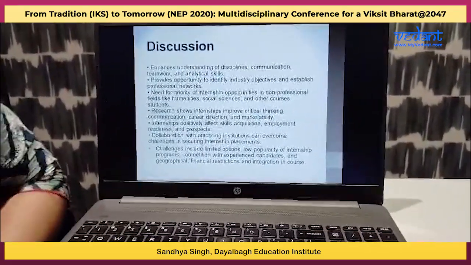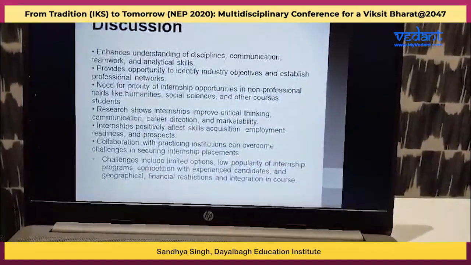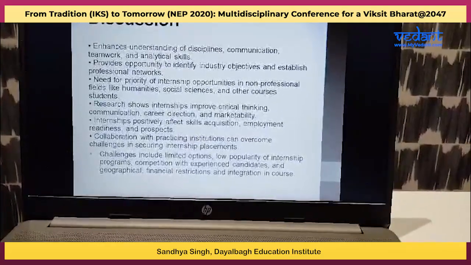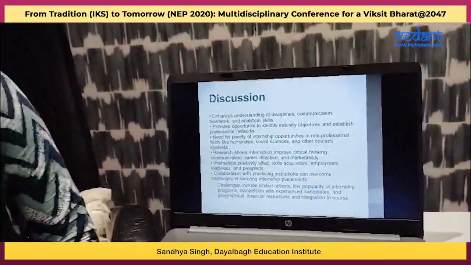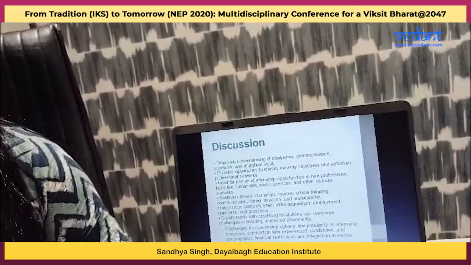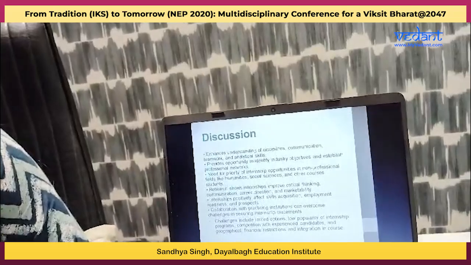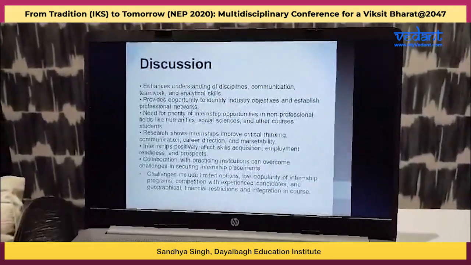There is a need to prioritize internship opportunities in non-professional fields like humanities, social science and other courses. Research shows that internships improve critical thinking, communication, career direction and marketability. Internship positively affects skill acquisition, employment readiness and purpose perspective.